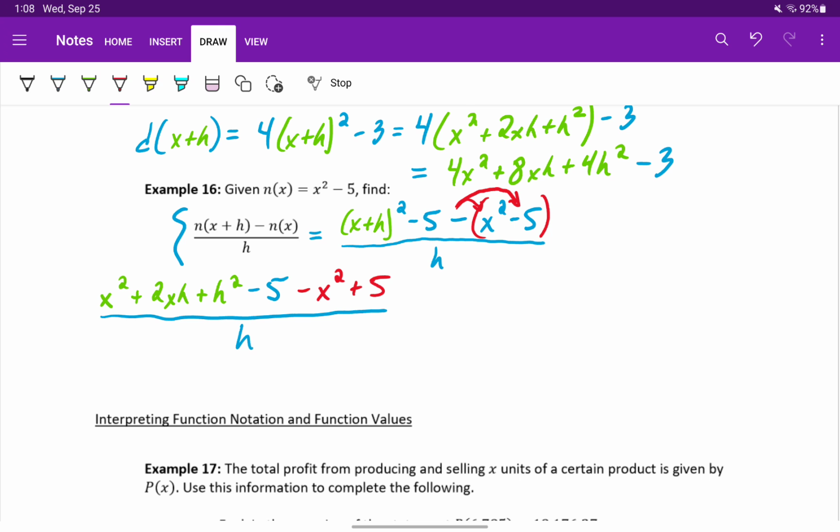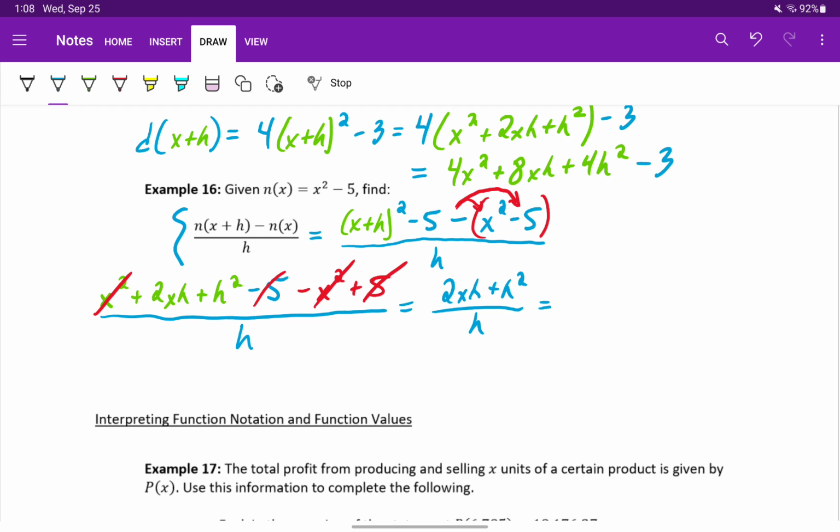Once we've expanded everything out, distributed that negative, now what we should see are some terms that will cancel. In this case, our x squared terms cancel, our constant terms cancel, and we're left with 2xh plus h squared all over h.